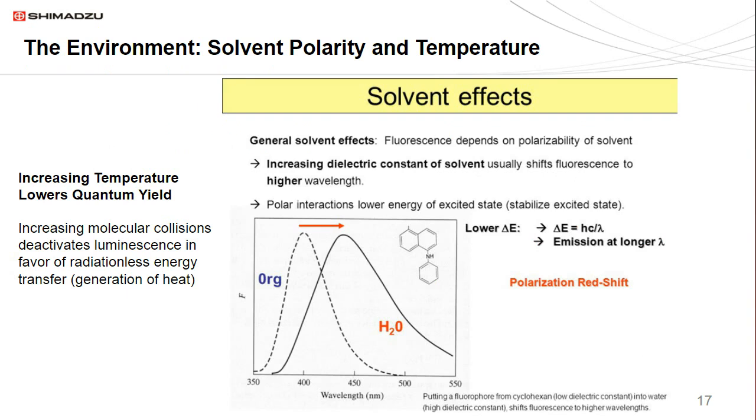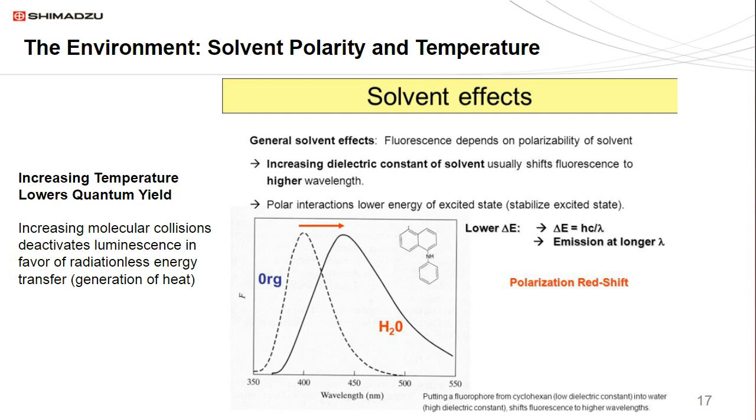As you've no doubt gathered by now, molecular motion or heat is bad for fluorescence. It will lower the fluorescence quantum yield. Therefore, it's no surprise that temperature is a crucial factor in fluorescence intensity. Fluorescence varies dramatically as you change the temperature. Therefore, most fluorescence assays are done at the lowest temperature possible to maximize quantum yield.